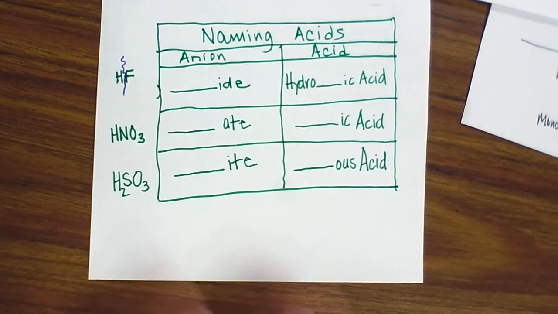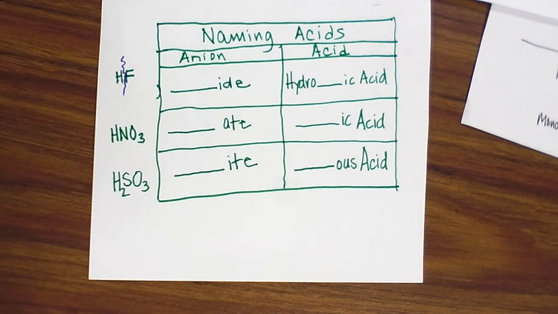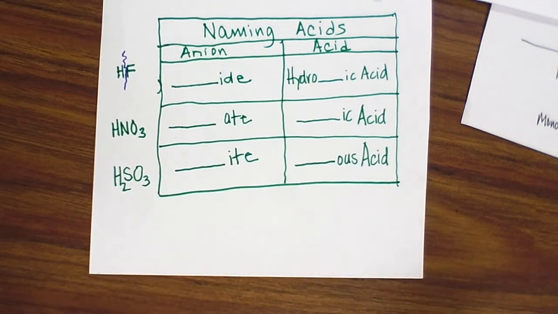So this would be called sulfurous acid, because it's an ITE. That's it. That's all you have to do. Don't worry about the hydrogen, because all acids start with hydrogen. So we don't worry about whether it has an H or not. We assume it does.